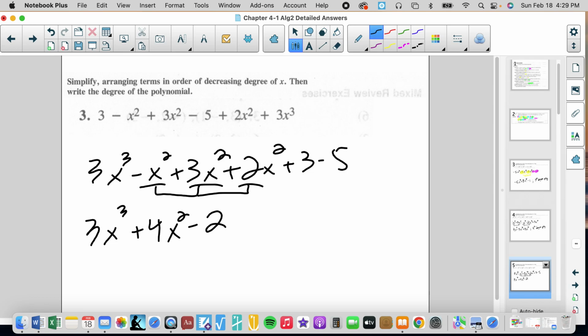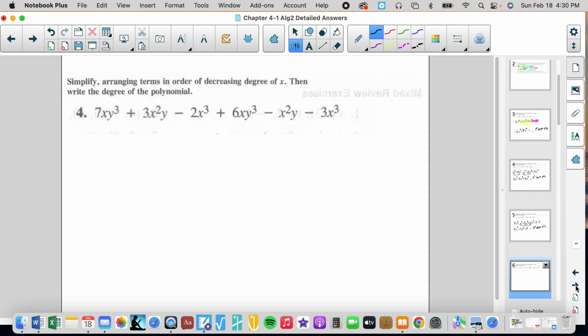So number 3 should be 3x cubed plus 4x squared minus 2. And that's going to be our leading term. Our first term in the polynomial goes to the third degree. So this is considered a third degree polynomial.